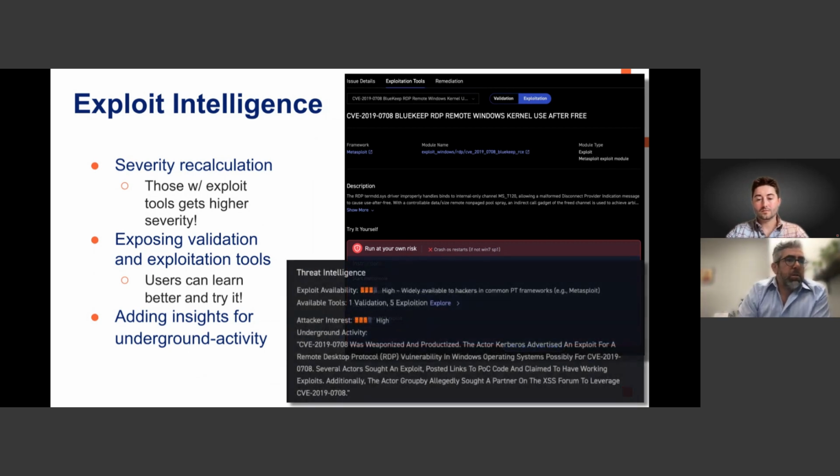And in addition to that, enriching some threat intelligence information, as you can see here, about the underground activity, and show how the attackers treat this vulnerability is also very important.